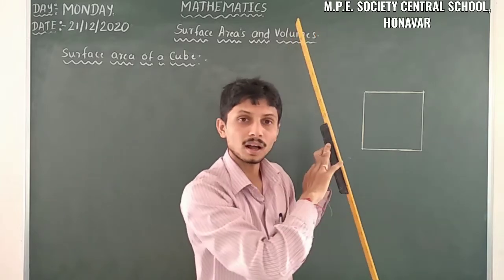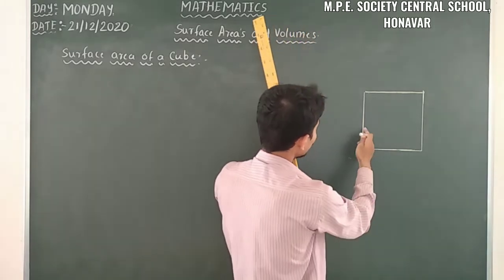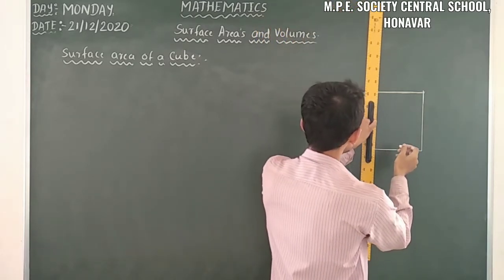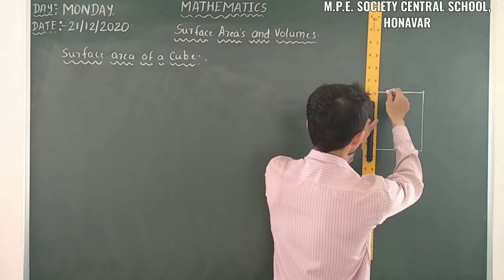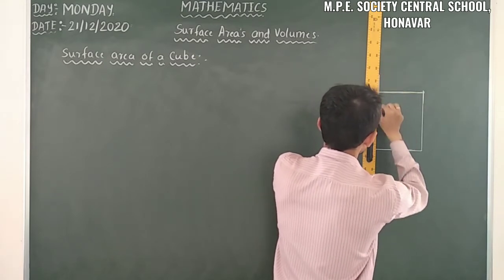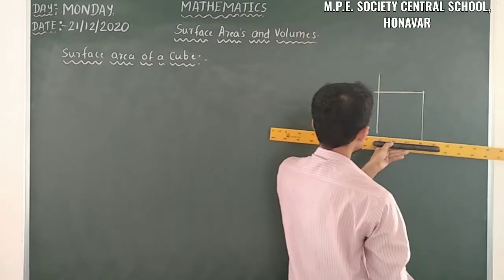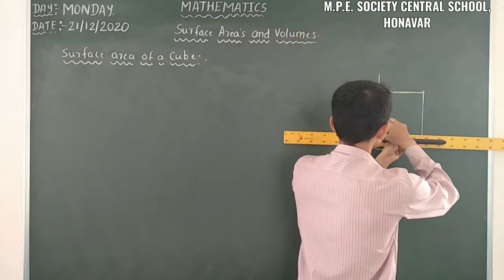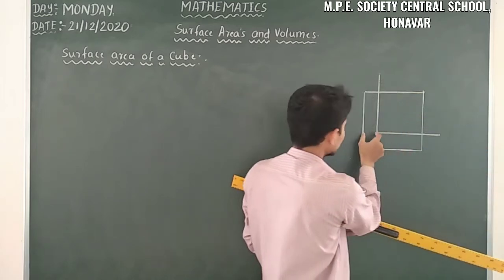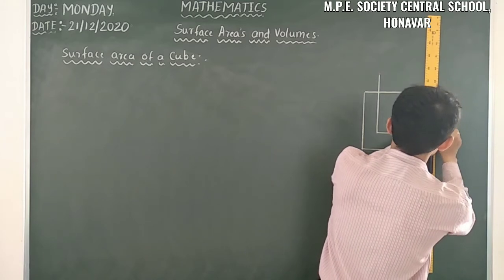Otherwise all the procedure is the same. So here we have to take the same distance. That's why we took this distance, and there also we have to take the same distance. Yes, like this, and this distance and this distance should be the same here. So like this only we have to maintain.